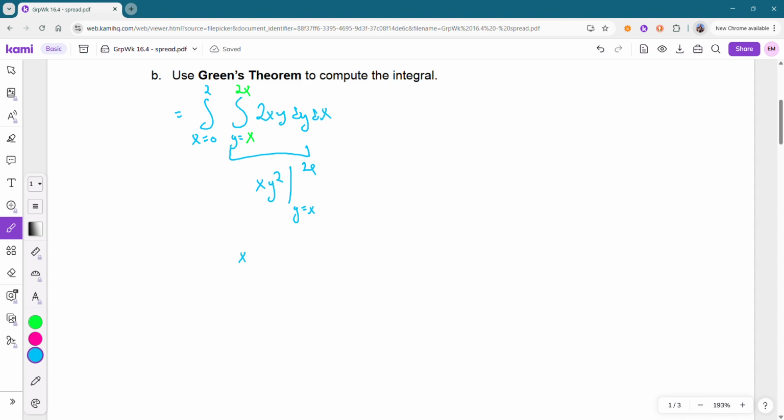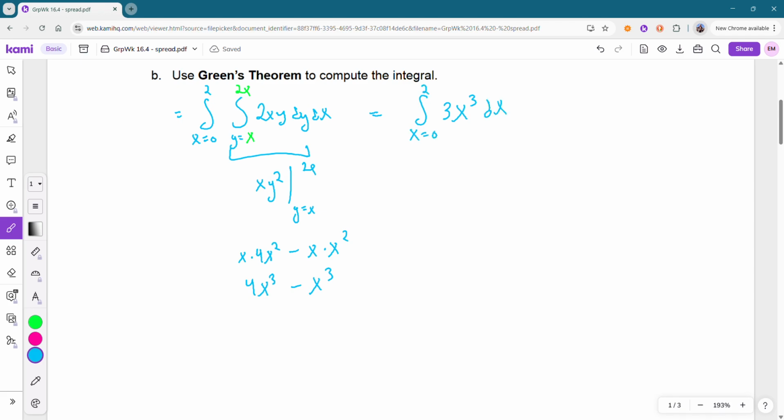So we'll get x times, plugging in 2x, 4x squared, minus x times x squared, which is 4x cubed minus x cubed, and that's going to give us 3x cubed, the value of our inside integral.